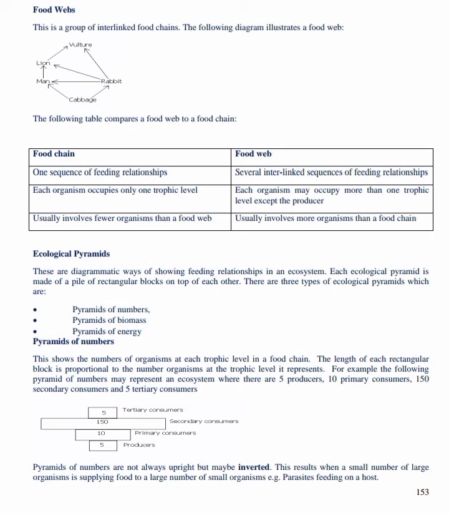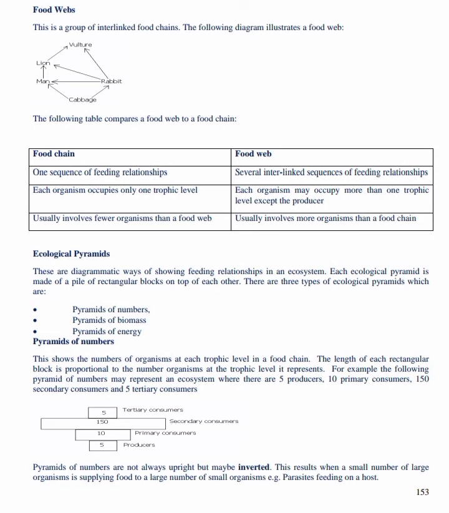The ecological pyramids are made up of a pile of rectangular blocks on top of each other. And we have 3 types of ecological pyramids: a pyramid of numbers, pyramids of biomass, and pyramids of energy. We'll start off by looking at the pyramid of numbers in this lesson.